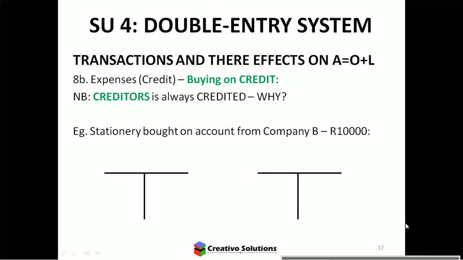Yes, but it meets the definition of which account? Of an expense. Yes, that's better. Stationery is consumed, so it is seen as an expense. Creditors is the liability, and if it's bought on account, the liability is going up. Good. So you've got it.